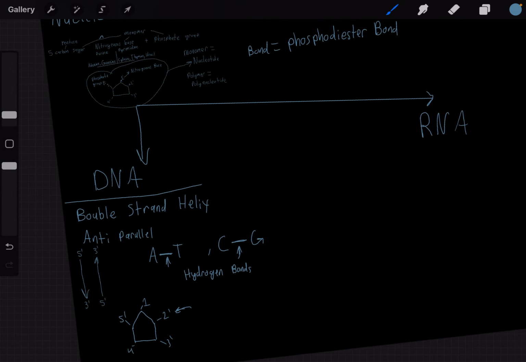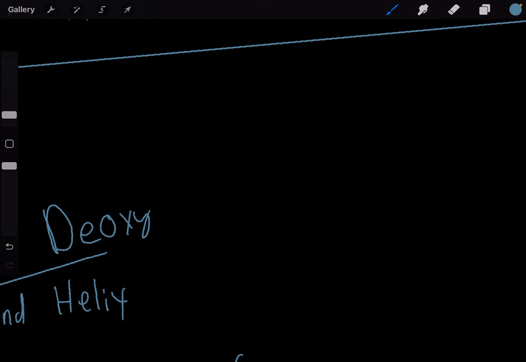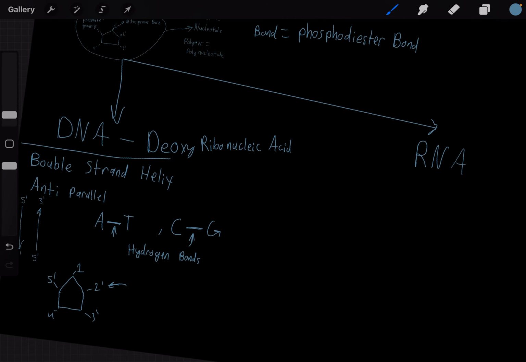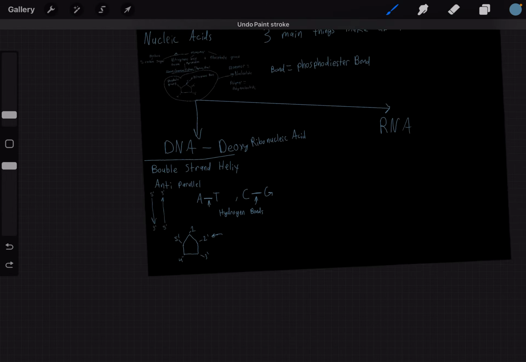DNA stands for deoxyribonucleic acid, meaning the deoxy means it's removing an oxygen.